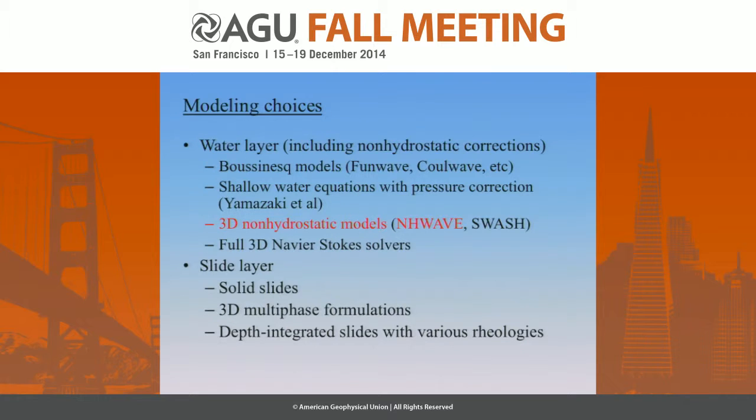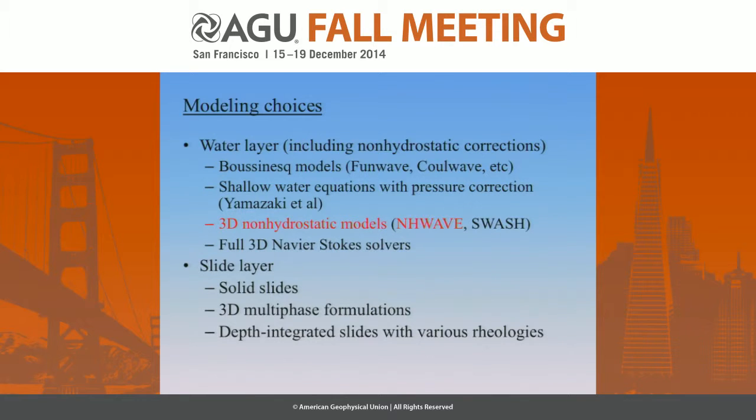Other routes include the shallow water equations with pressure corrections, such as show up in the NeoWave model, which is essentially another way of doing the same thing that Boussinesq modeling does. And 3D non-hydrostatic models, which is the approach I'm going to talk about here, which can be thought of as essentially a subset of full 3D Navier-Stokes that achieve a lot of efficiency by making some very crucial simplifications in the formulation.